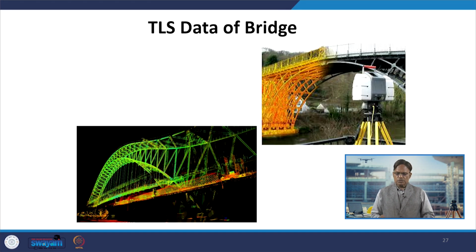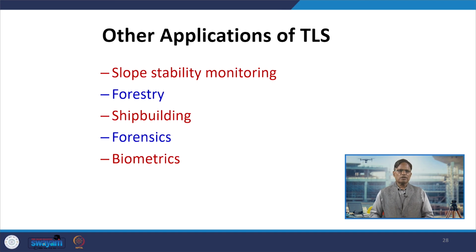As you can see in this picture, the terrestrial laser scanner is mounted close to the bridge, and it is scanning the whole bridge and collecting three-dimensional point cloud data of the entire bridge. I am showing you the terrestrial laser scanner because this data many times can be clubbed with the UAV LiDAR data in order to get enhanced information.